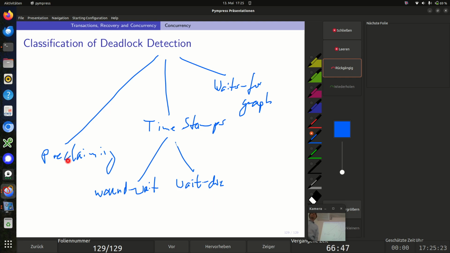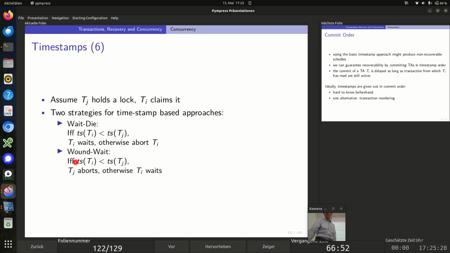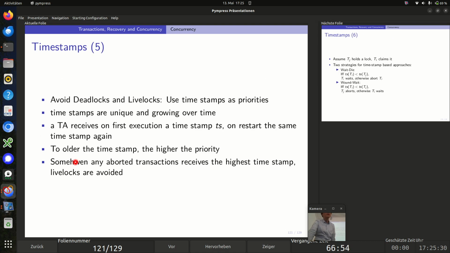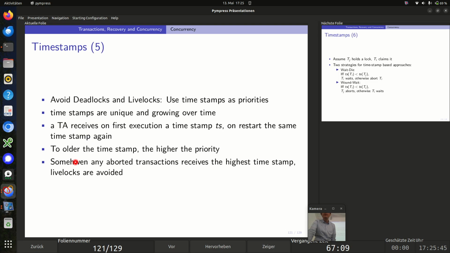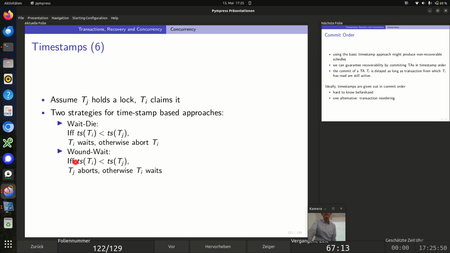Yeah, I have a question. On page 141, in the PDF, the next one. Here we have two transactions, TJ and TI.